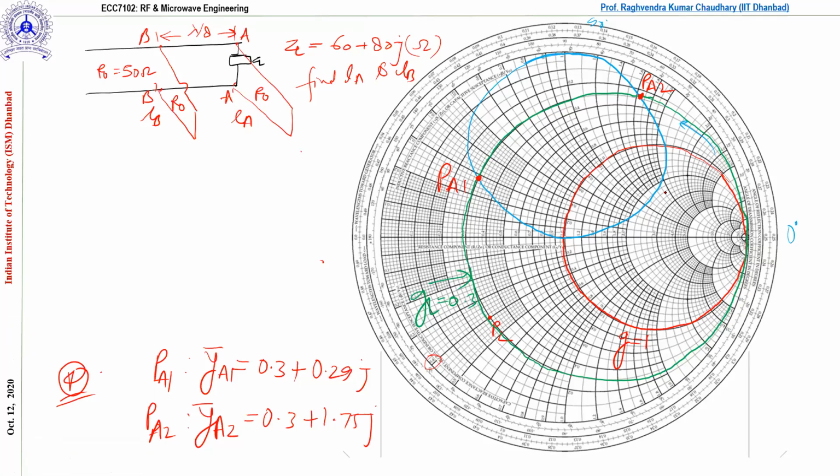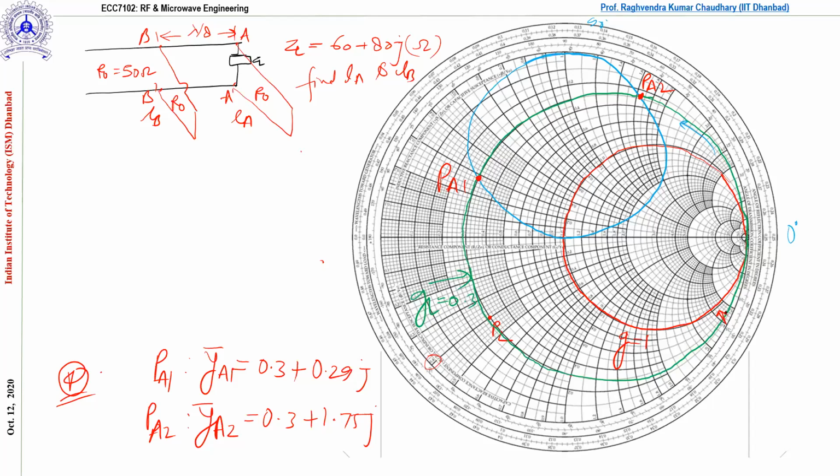Earlier, if you talk about the G equal to 1 circle, it means we are at the point BB dash. When we rotate by 90 degrees, we reach AA dash, which is the load location. Now, if you move over the G equal to 1 circle and it intersects, it will provide you YA1 and YA2.